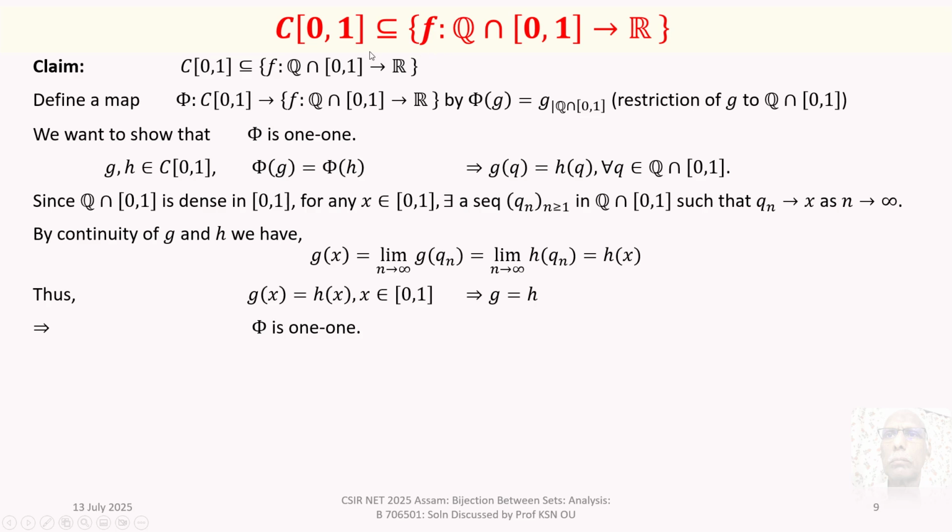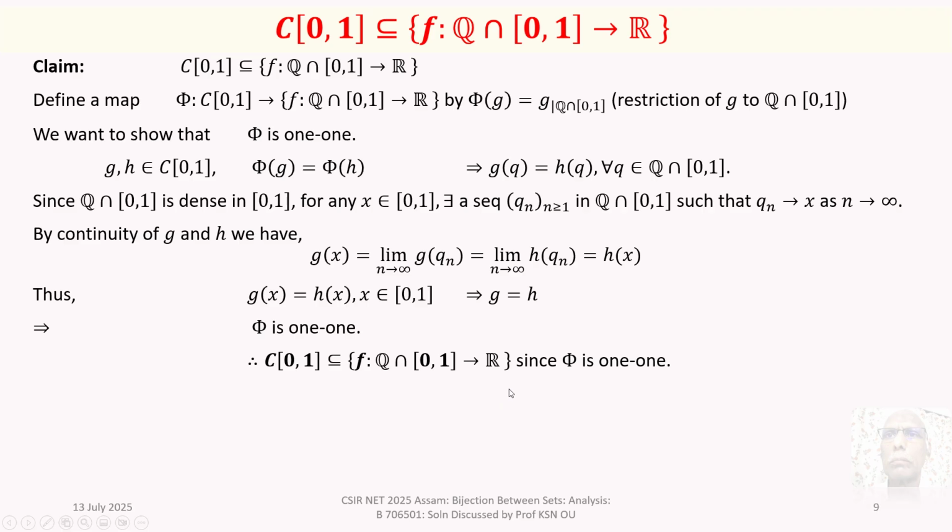When phi is 1-1, C[0,1] is entirely contained in the set of all functions which are the real valued functions defined on Q intersection [0,1]. This is contained in since phi is 1-1. That's the result.